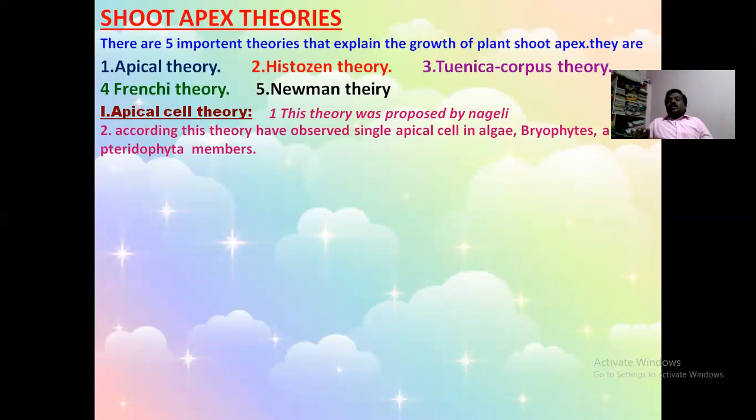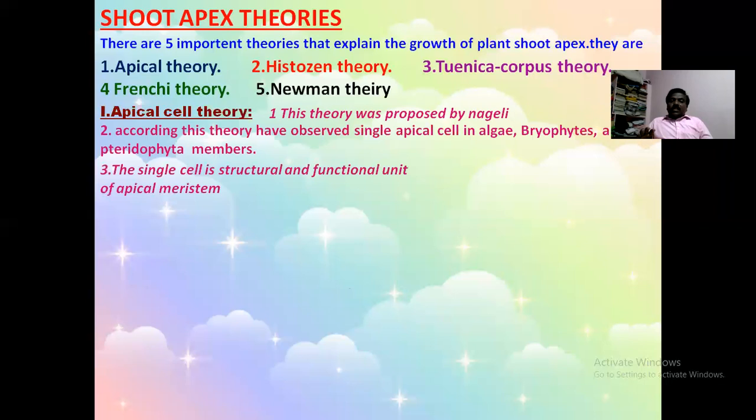In cryptogams, algae, bryophytes, and pteridophytes, plants grow from a single cell, called the apical cell. This single cell develops all the tissue systems of the plant body. Bryophytes and pteridophytes also show this type of apical cell theory.